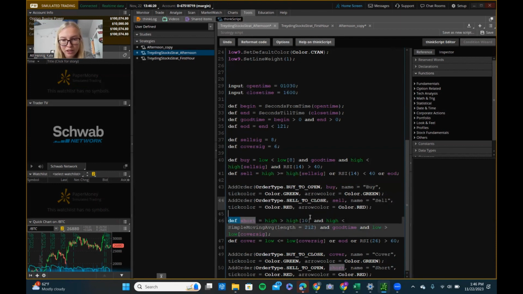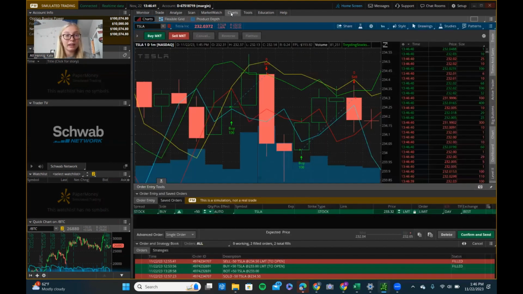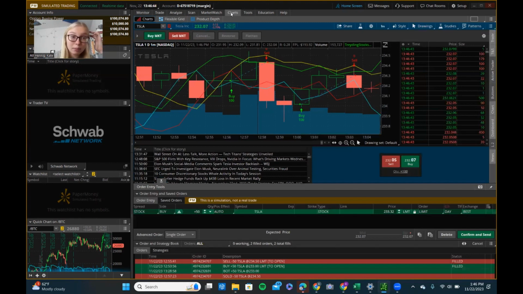Here's your short specification. The time period here is a little bit higher. My shorts are actually more reliable on this historically. And then I have my cover, where my low is less than or equal to my low cover sig, and my add orders here. So just to specify, I didn't actually set this up. It's not possible on thinkorswim to set up entirely auto-traded.